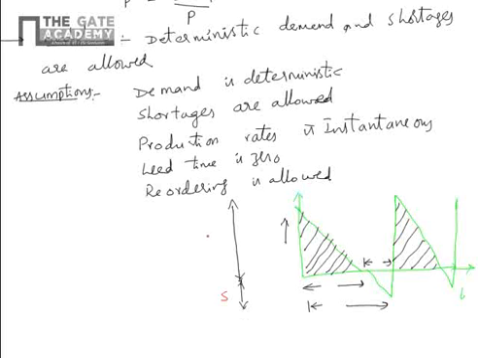This is Q minus S. T1 is the stock replenishment time for zero inventory. So this total is called Q. This is T2, this is T, this is T1.